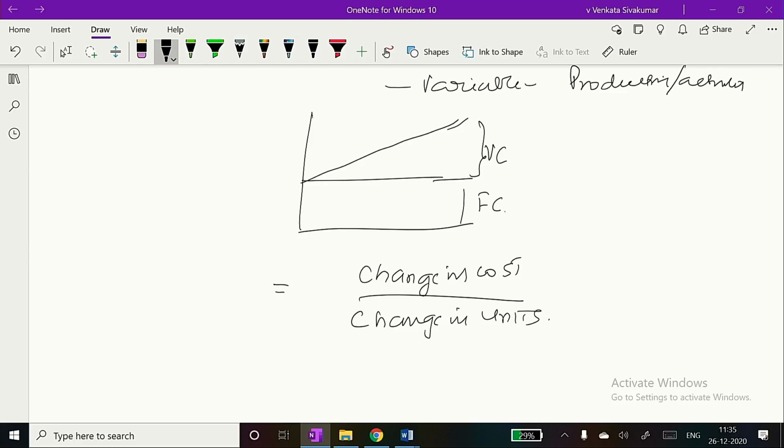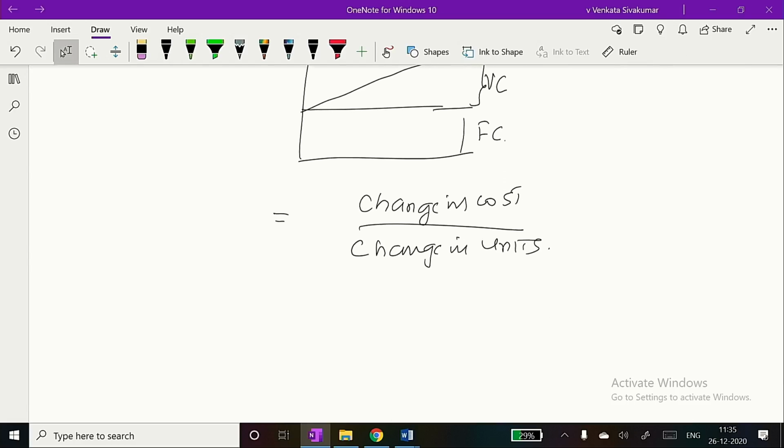Fixed cost. So you please write a note. Semi-variable cost is a combination of both variable and fixed elements.